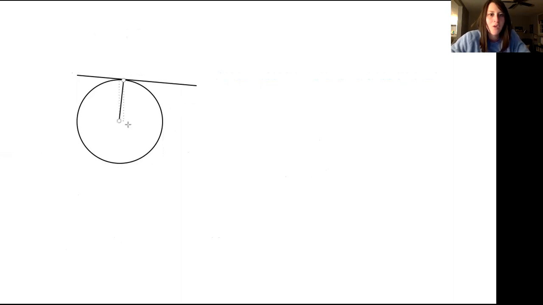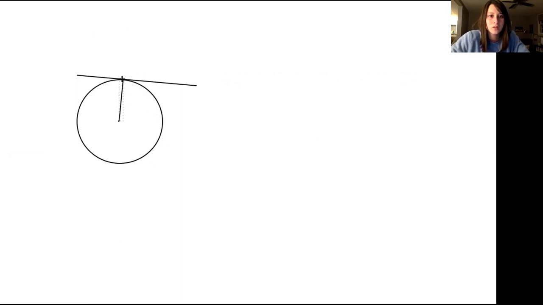So if I have a tangent on a circle, just barely touching it, something that's interesting is that wherever my center is, if I draw a segment from the tangent to the center of the circle, okay? So I think this could be the center. I don't know.